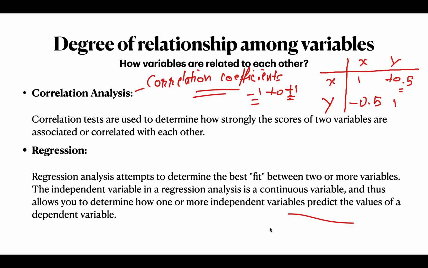It helps us determine how my dependent variable is changing with the change in independent variables. If I am changing the independent variables, it basically helps us to predict the dependent variable. We will see it in more detail.